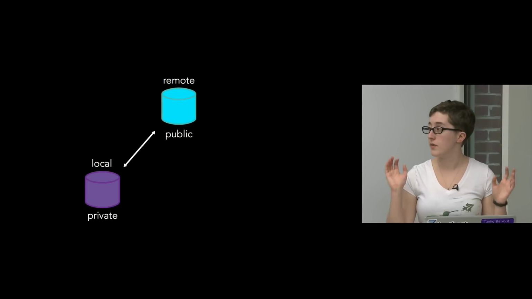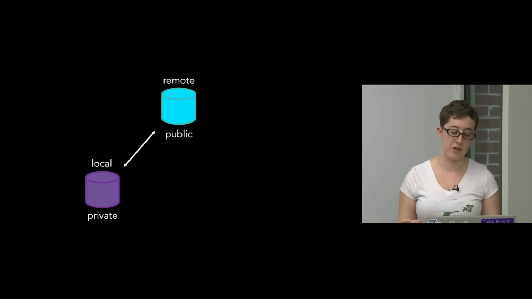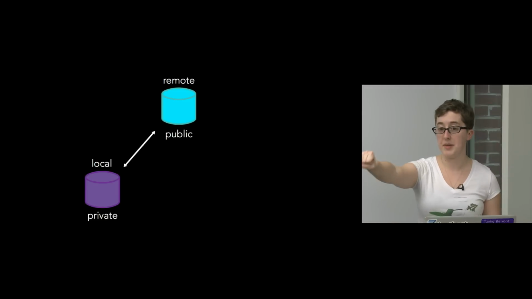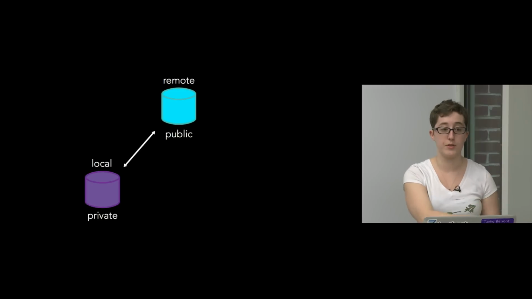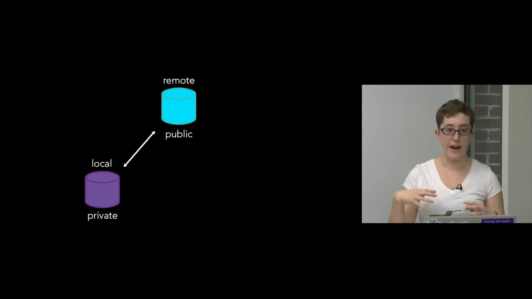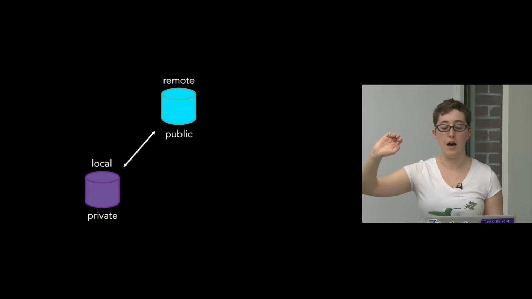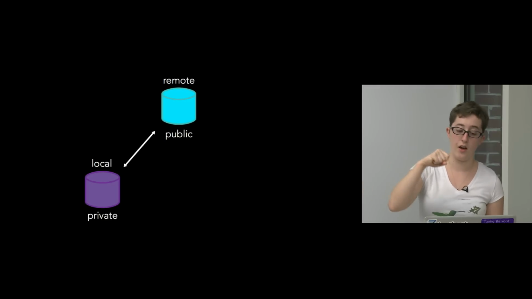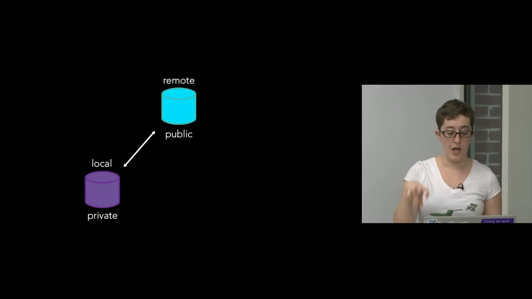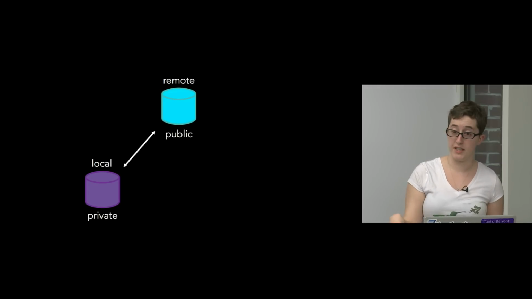All right, so first, let's talk about how a repository works. You have a remote public repository. This is what I was just showing you on GitHub. I created a repository. It's hosted somewhere on GitHub servers, and it's public. Anyone can see it. Then what we're going to do is create a local private version of it on our individual computers.